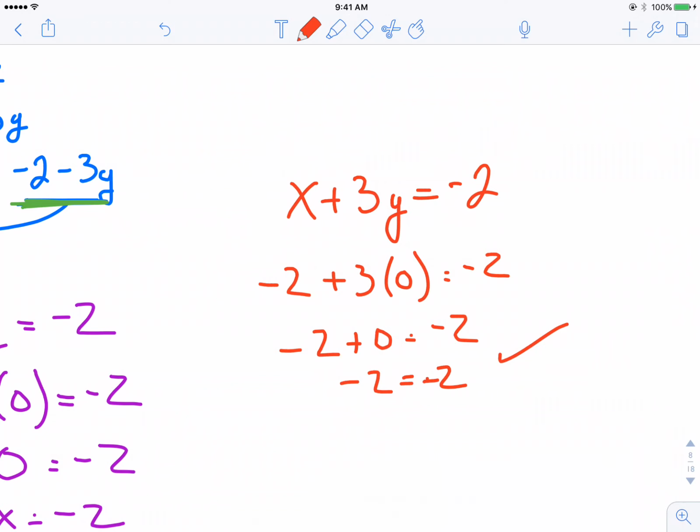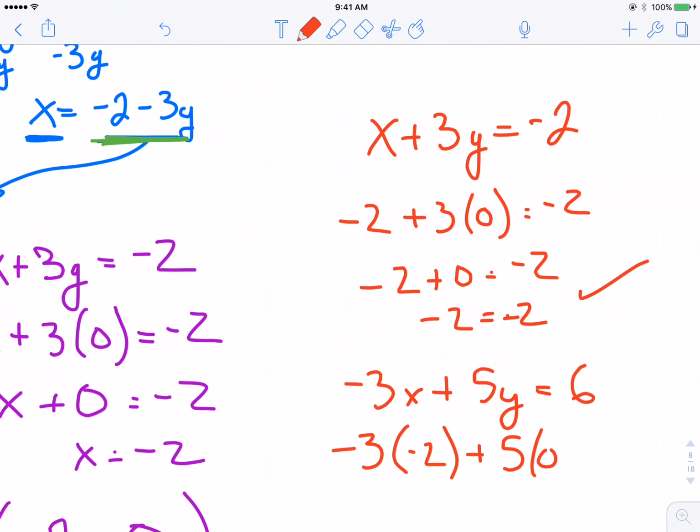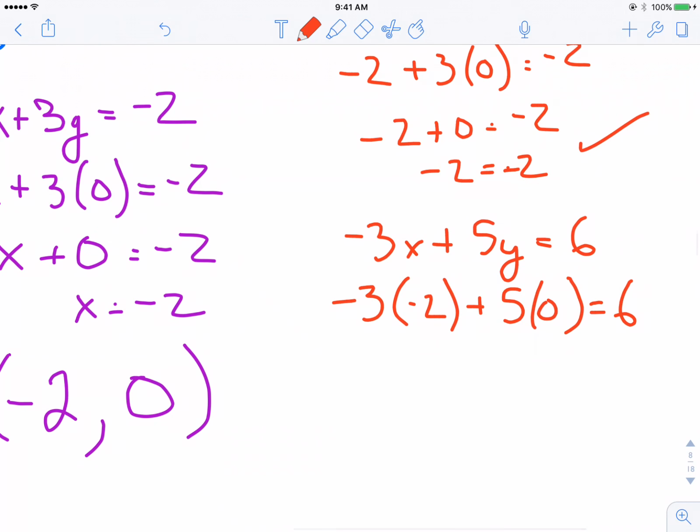So for our first equation, it does hold true. I test my second equation, which was -3x plus 5y is equal to 6. Again, substitute in my -2 and my 0. And that is also correct.